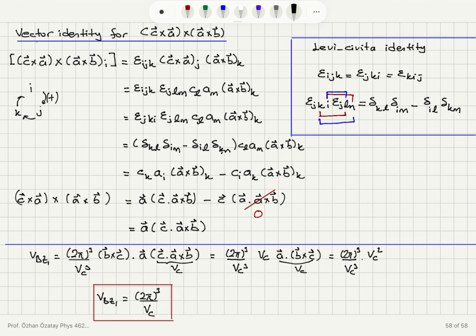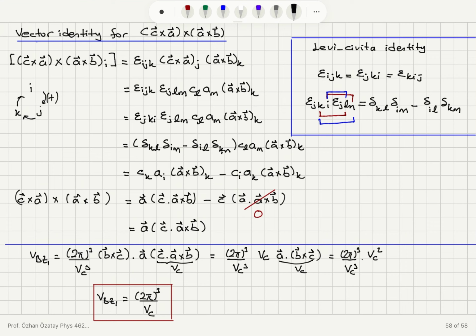Then for C cross A's jth component, I can write epsilon jlm, C_l A_m, and A cross B's kth component. Epsilon ijk, epsilon jlm, I rearrange the indices in epsilon ijk to be epsilon jki, again using cyclic permutations. Ijk, jki, and kij are equivalent in the Levi-Civita identity. So it's epsilon jki, epsilon jlm, C_l A_m, A cross B's kth component.